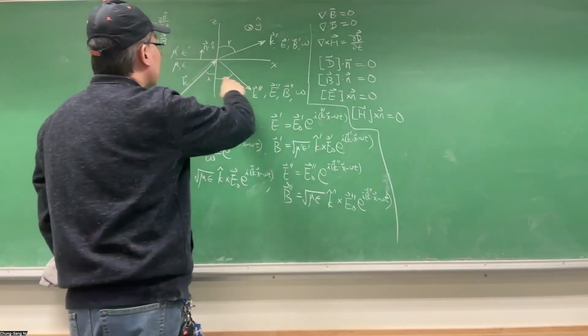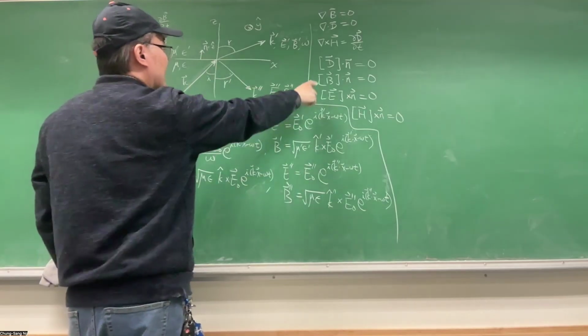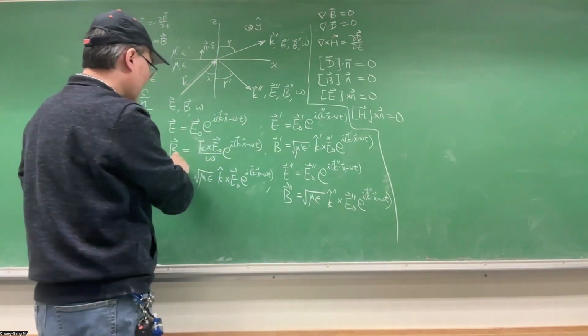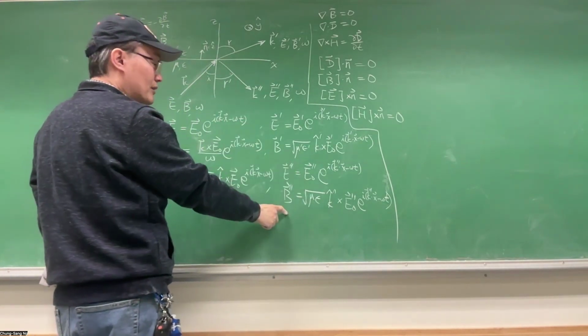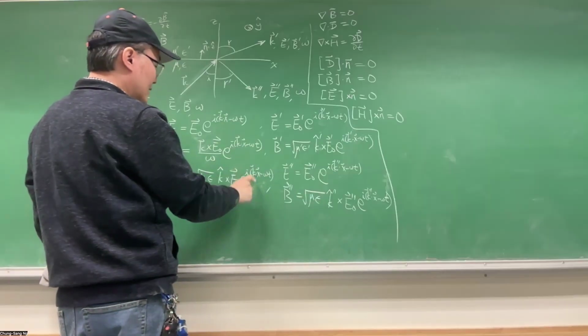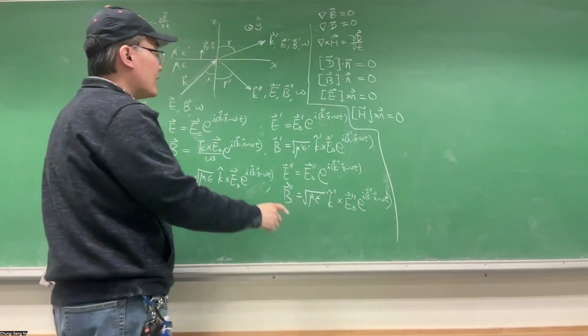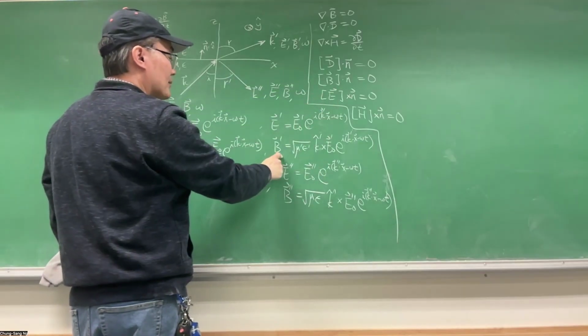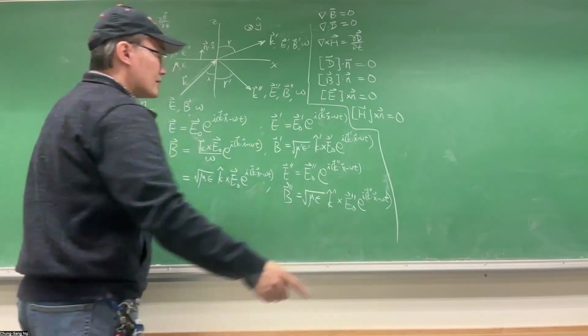But different terms have different phases. On this side, you have 2 terms, E and B, and E double prime and B double prime. They have this phase and that phase. And in the upper medium, you have E prime and B prime. They have this phase, right?